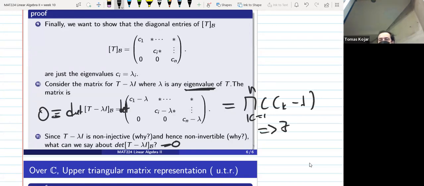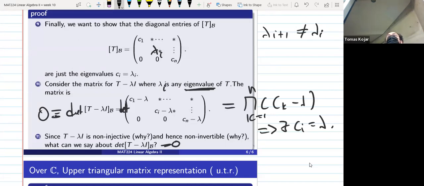So there exists a c_i that is equal to lambda. That was one eigenvalue, and you keep playing this game. Namely, you put lambda, but they're distinct, so it will not be zero, right? Let's call this lambda_i, since it's the ith one. Then you look at lambda_{i+1}, not lambda_i.